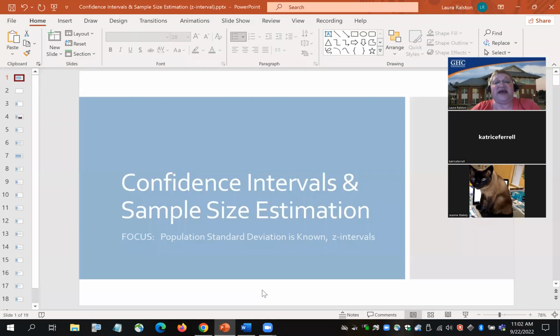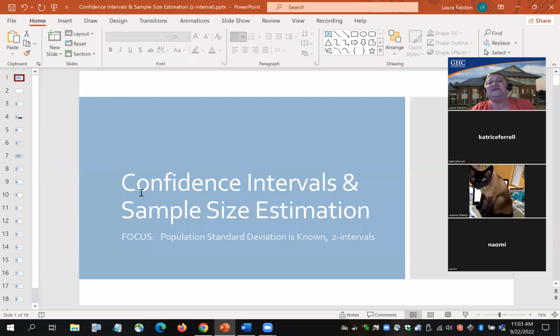But the topic today, continuing in Module 2, is confidence intervals and sample size estimation. And confidence intervals is a topic that is discussed in Stat 1401 if you've had it recently. If you had it many years ago, that was not an initial topic that we included.